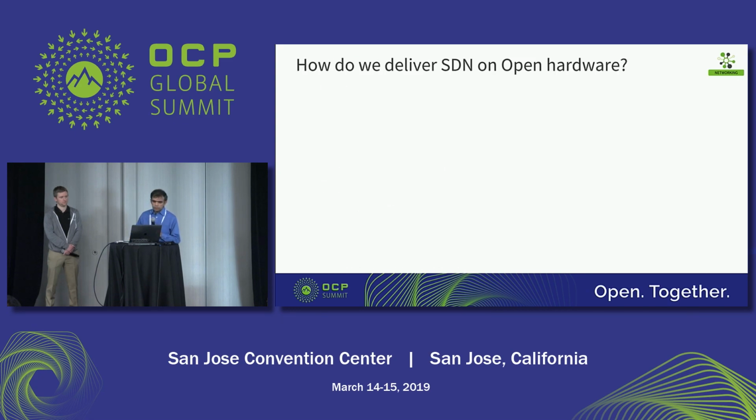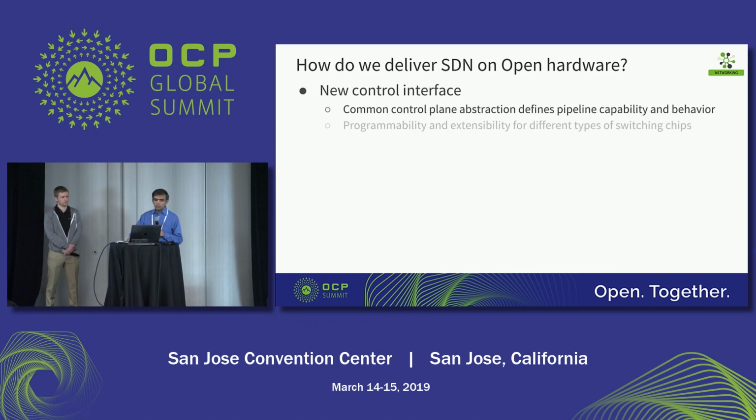So now that we have open, programmable hardware, how do we evolve our SDN to adapt to this? We provide a new control interface which will abstract out the capabilities of the different types of hardware.